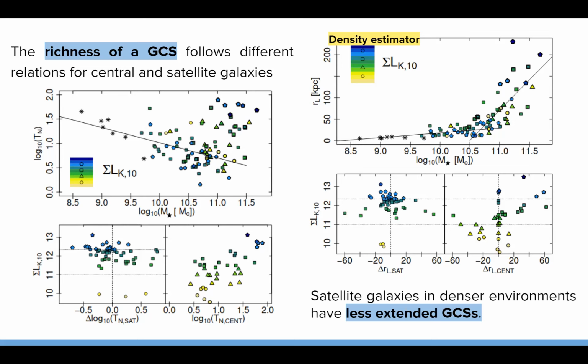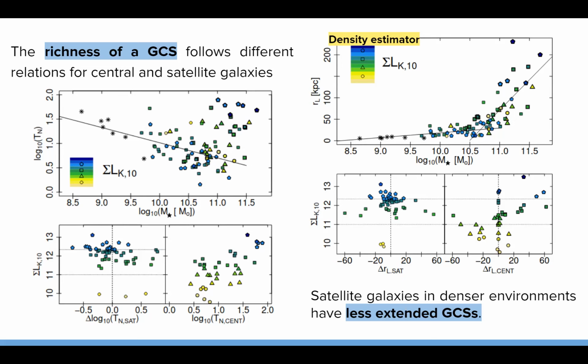The second one is the extension of the globular cluster system. So how far from the center of the galaxy we still find globular clusters in relation to the stellar mass. We find the bilinear relation. There are many different fits for this relation throughout the literature. With all of the galaxies we have, we find the bilinear relation has reasonable errors.